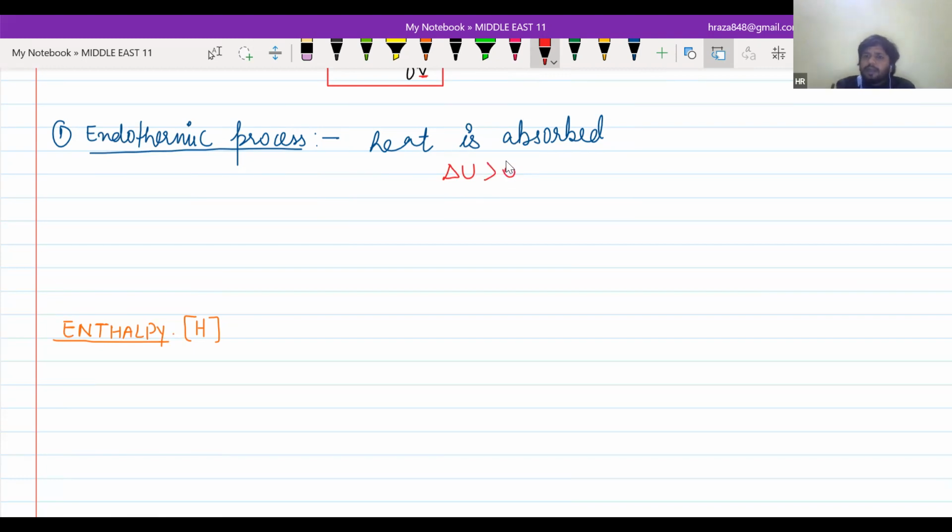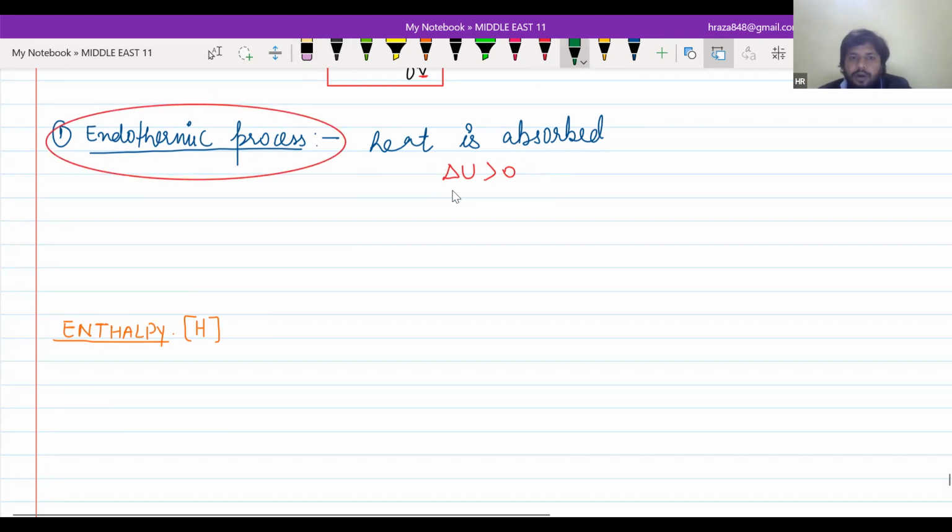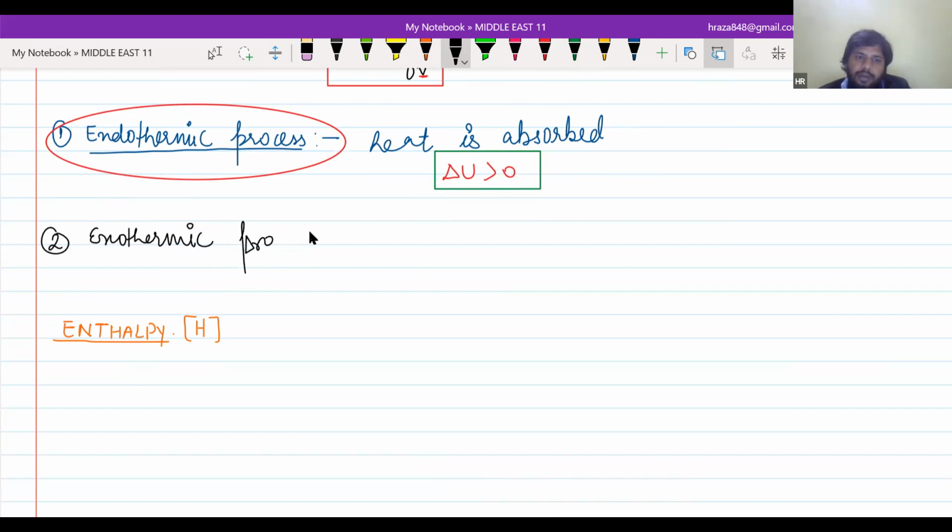That means the internal energy will be increased, and when you find the change, that is final minus initial, the final is increased because it absorbed some heat. So for an endothermic process, delta U is greater than 0. And for an exothermic process, heat is released.